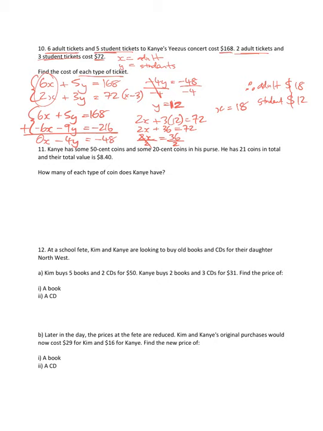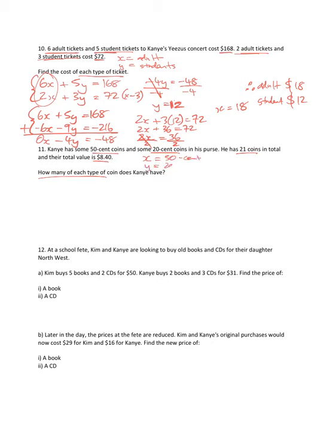Next, Kanye's got 50-cent coins and 20-cent coins in his purse. He's got a purse. He's got 21 coins in total value of $8.40. How many of each type of coin does Kanye have? So how many of each type of coin? I'm going to make X equal to 50 cent.